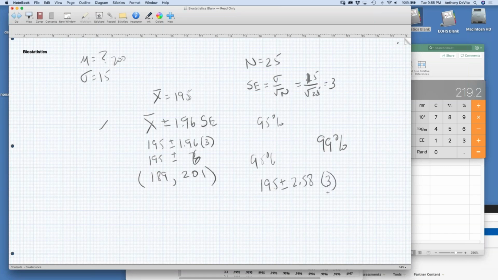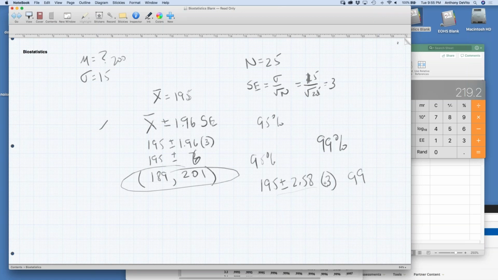And is this going to be a wider or narrower range than this one? Anybody want to hazard a guess? If I'm multiplying by a bigger number and adding and subtracting, that's going to be a bigger number.